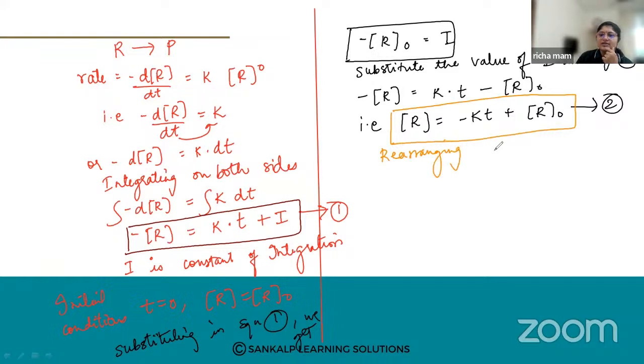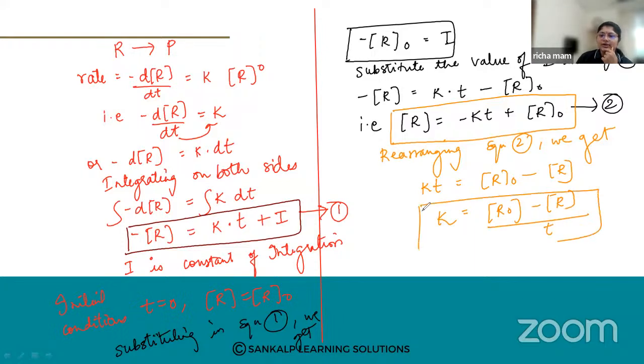Rearranging equation 2, I'll take kt here, so it will be R naught minus R, shifting this side. So k is equal to R naught minus R by t. This is for the zero order reaction. If you write this much also, you will get marks, but you have to write properly.